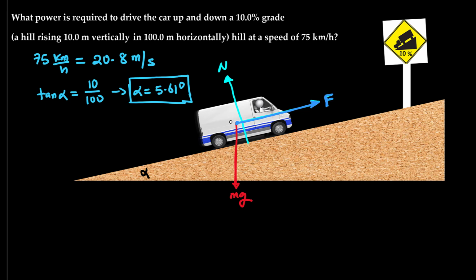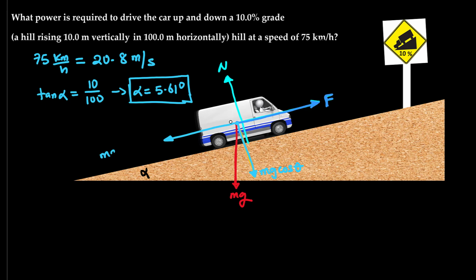So the one thing that I would like for you to see is that we can resolve the weight of the car into two components. This will be mg cosine theta.